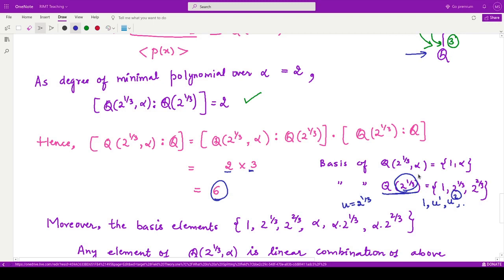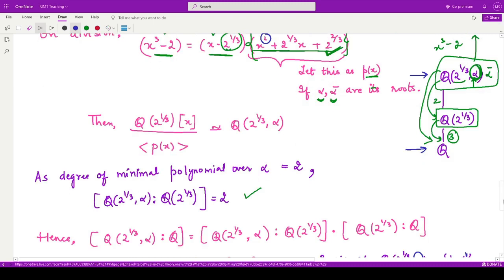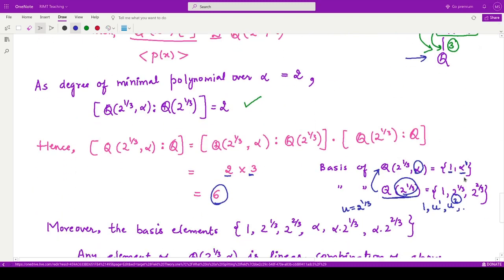And then for alpha, on moving from here to here, only this element has been adjoined, and the basis elements are 1 and alpha. Why have we gone only up to alpha power 1? It's because the degree of the polynomial having alpha as its root was 2, so we went up to the power 2 minus 1, that is 1. So this is the basis for this field, and this is the basis for this field.